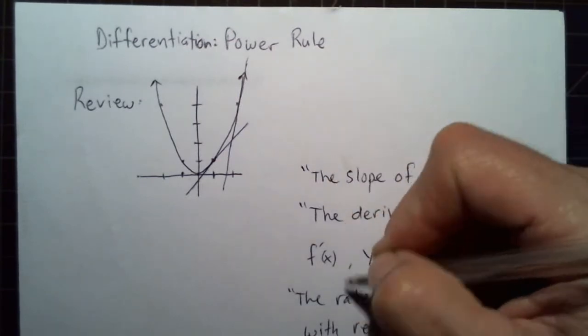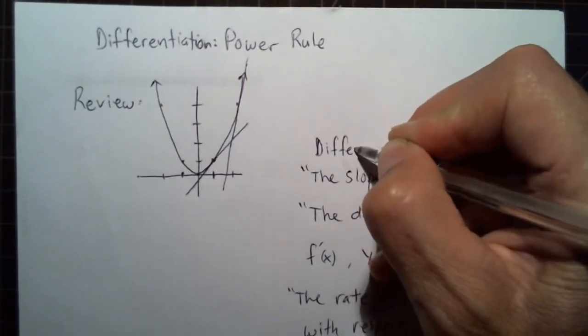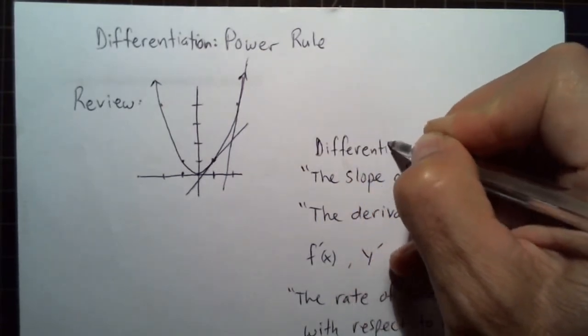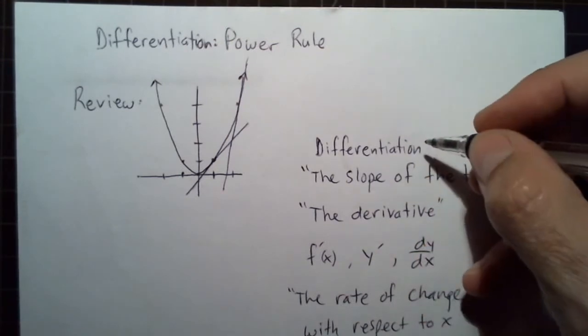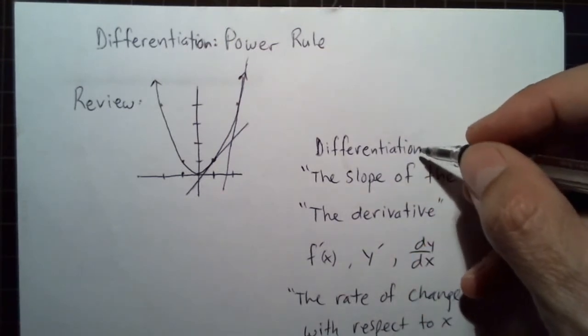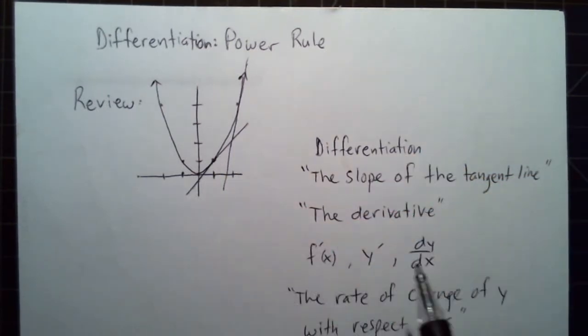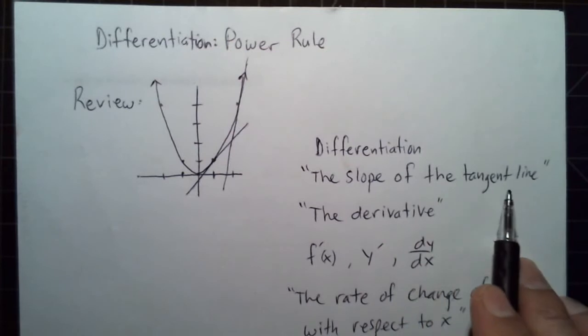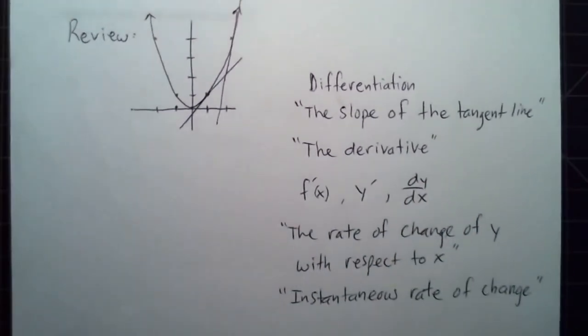This is not the same part of speech as all this, but I need to include differentiation. So differentiation is one way to describe the process of finding the slope of a tangent line. So then we have the slope of the tangent line, the derivative. These all mean the same thing.